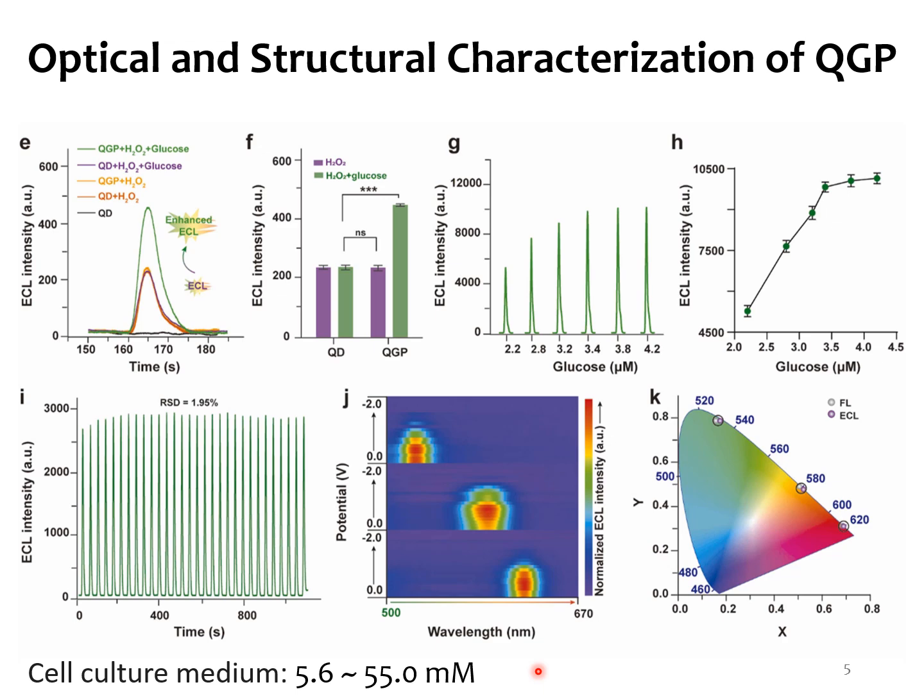Therefore, as shown in figure I, the ECL signal remains stable at consistent intensity over a long time in cell culture media. Figures J and K show the voltage range required for excitation and the emission wavelength distribution, respectively.